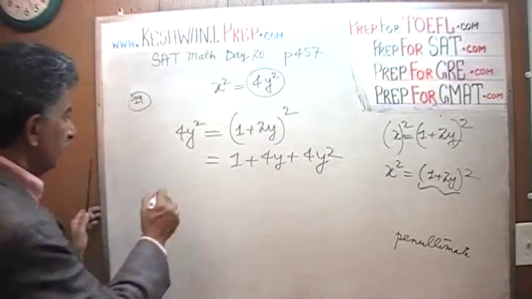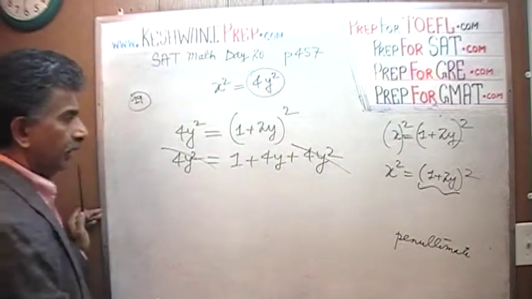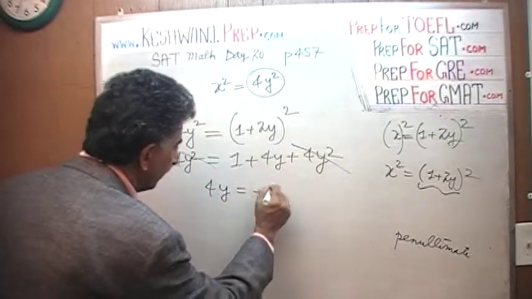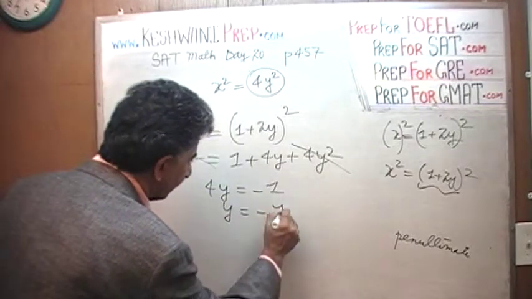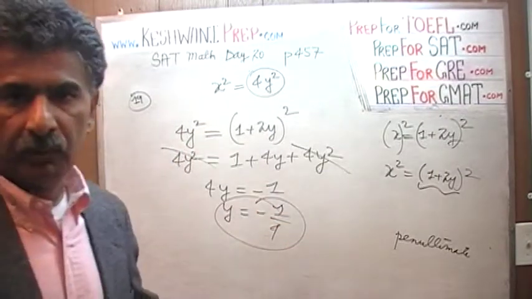So here we have 4y squared, here we have 4y squared, it drops out, and we end up with the exact same thing as before. We find that 4y equals negative 1, which means y equals negative 1 quarter. And with y equals negative 1 quarter, we do the same exact procedure as before to find x.